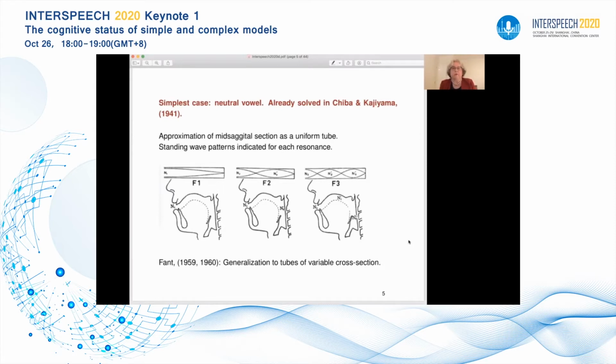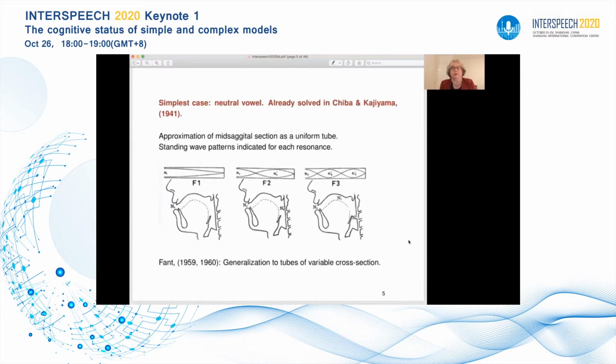So the diagram is showing a mid-sagittal section for the neutral vowel, and that is schematized as a uniform tube put right above the section. And then within each of those tubes, it shows the standing wave pattern for each resonance.